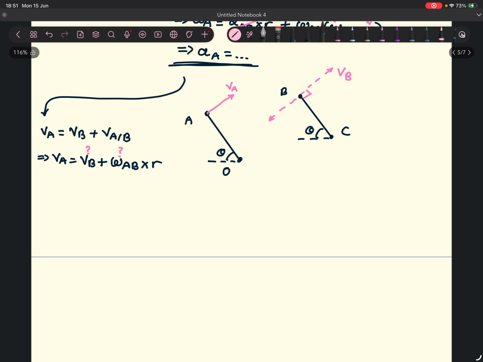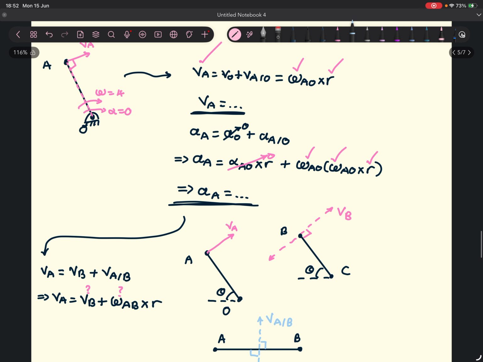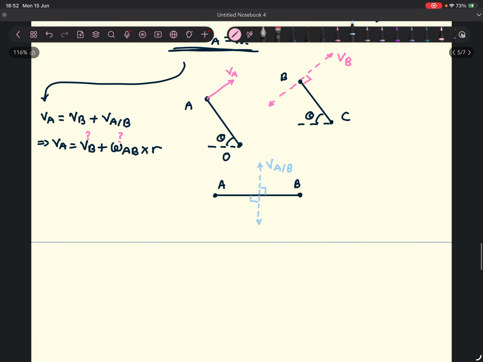And then if we draw in AB, the line that connects points A and B, we know that the relative velocity is going to be perpendicular to this line, right? So this is VA relative to B. It could either go up or it could go down. We aren't sure. Then let's try and construct a vector triangle using this information.